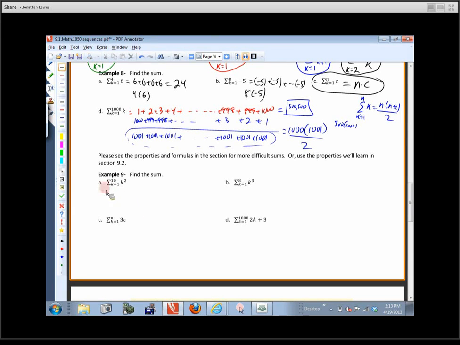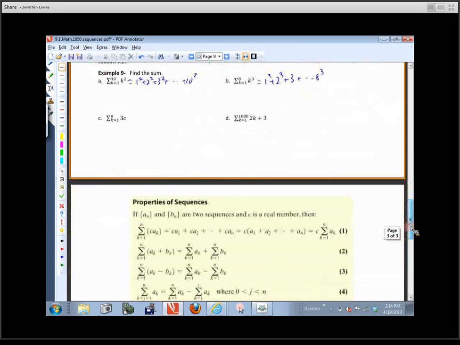There are actually formulas, and you can use clever techniques like I just did to figure out the sum of the first perfect squares. So this would be like 1 squared, 2 squared, 3 squared, 4 squared, all the way up to 10 squared. And this would be 1 cubed, 2 cubed, 3 cubed, all the way up to 8 cubed. Now, you could figure out every one of those, or let's take a look at the formulas.